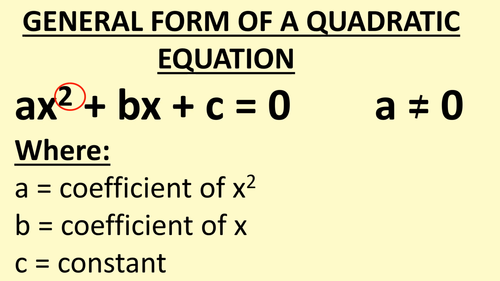Like I mentioned earlier, we have a quadratic equation because the highest power of the variable, in this case x, is 2.